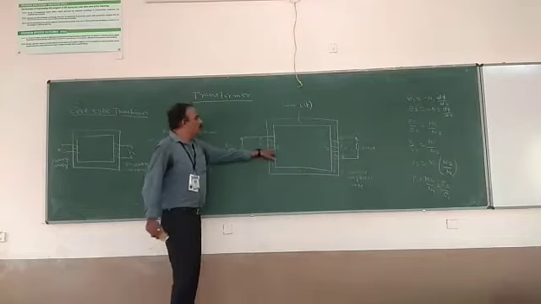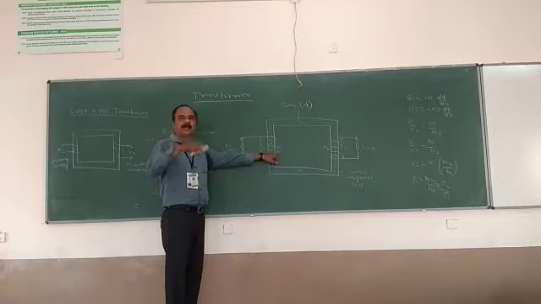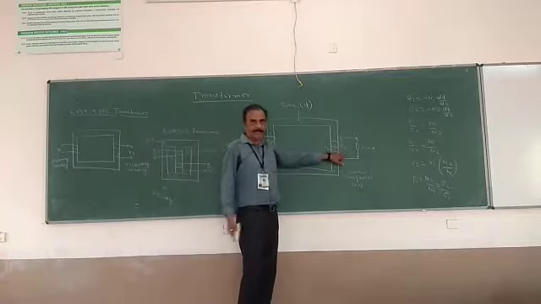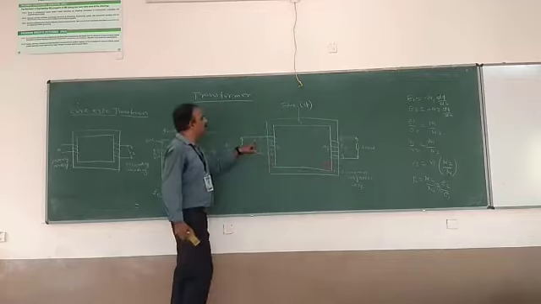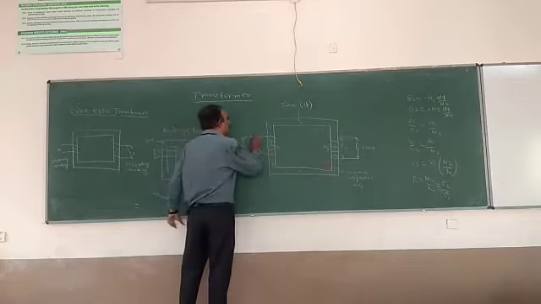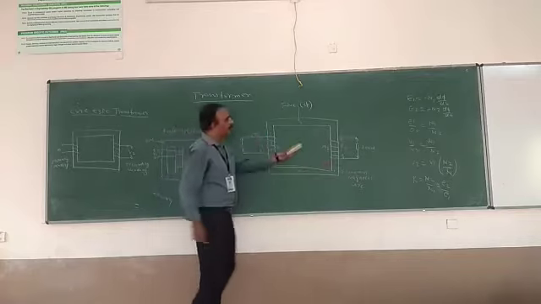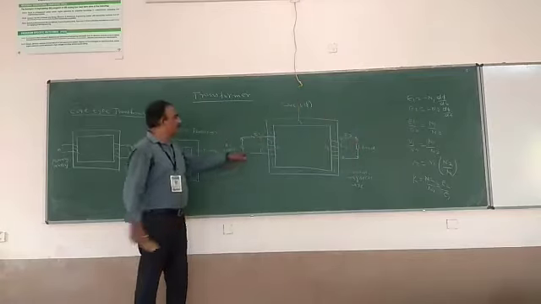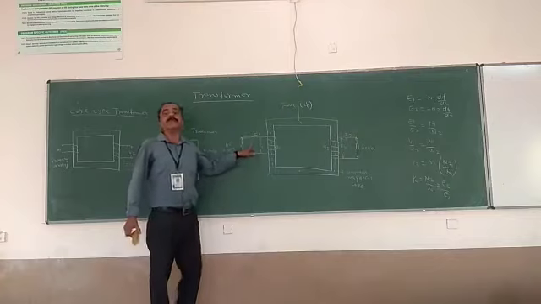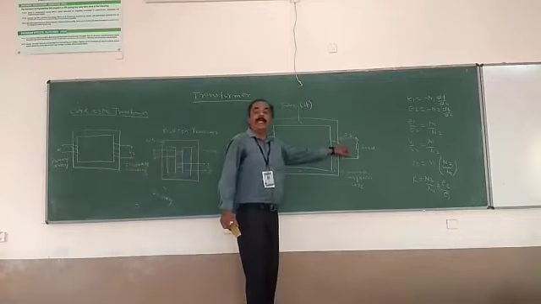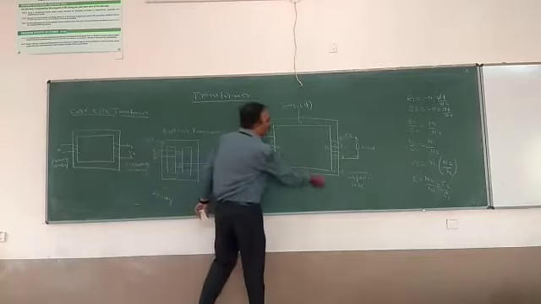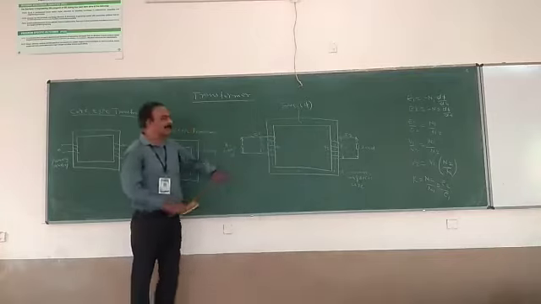N1 is the number of turns in the primary winding, N2 is the number of turns in the secondary winding. I1 is the current flowing on the primary side, and I2 is the current flowing on the secondary side. E1 is the induced EMF in the primary, E2 is the induced EMF in the secondary. This is the common magnetic circuit. This is the simple construction.